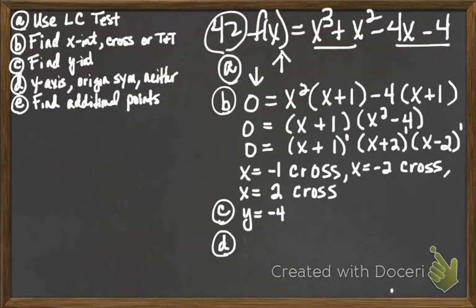No. If it has origin symmetry, when we put a negative x into all the x's, we would have to get a function that's exactly the opposite. That's not going to happen because that constant term -4 is never going to change to a +4. So I can just look at that last term. It's not going to have origin symmetry, so we don't have any symmetry here.